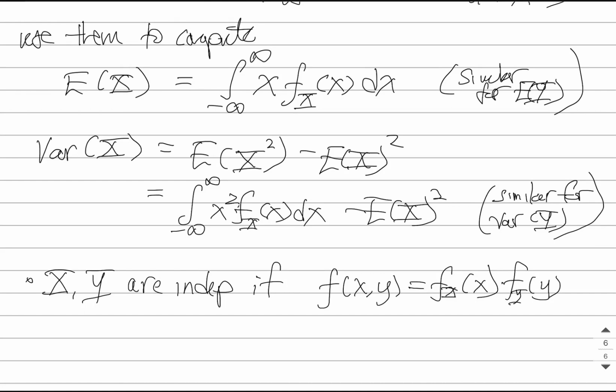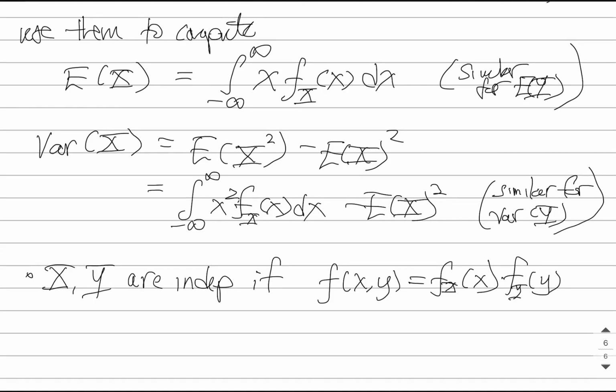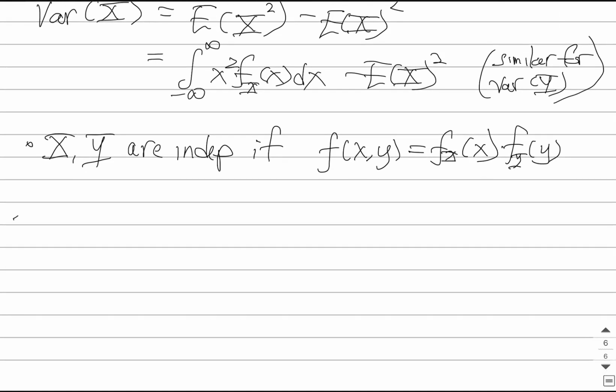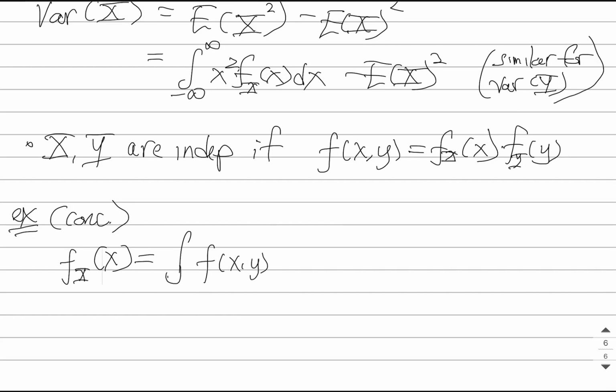So I realize that I've bombarded you with all of this kind of stuff. So just to try to put it into context a little bit better, in the context of this concentration example, the x marginal density is going to be the result that I get when I integrate the full joint density for our problem. I get rid of all the y's, so I integrate over all the possible y outcomes.